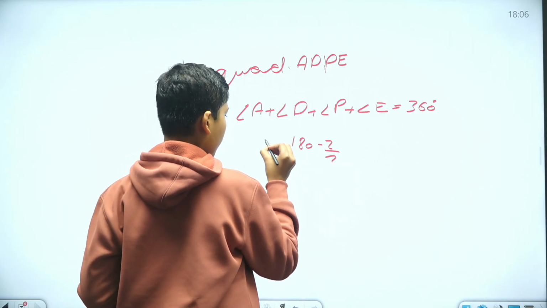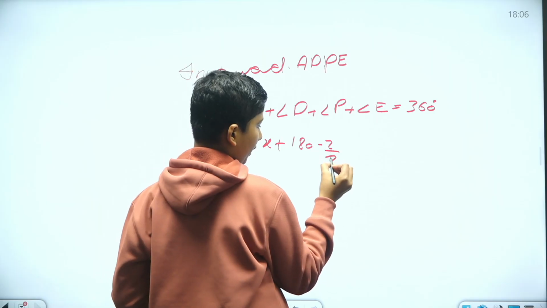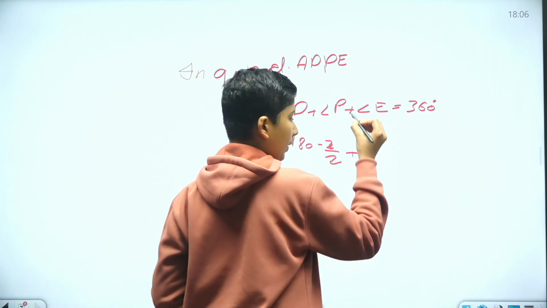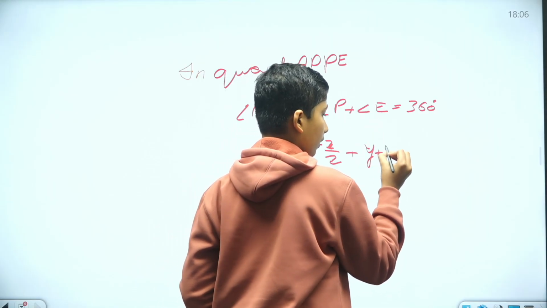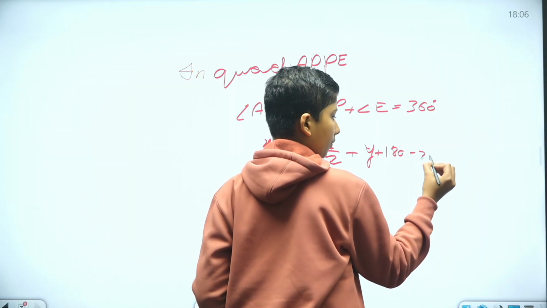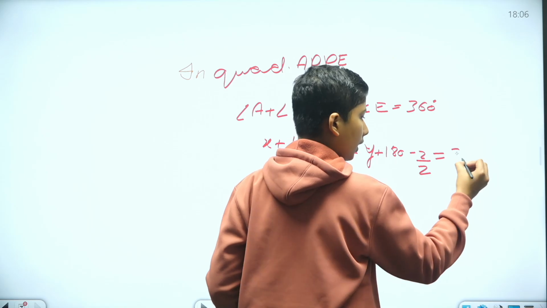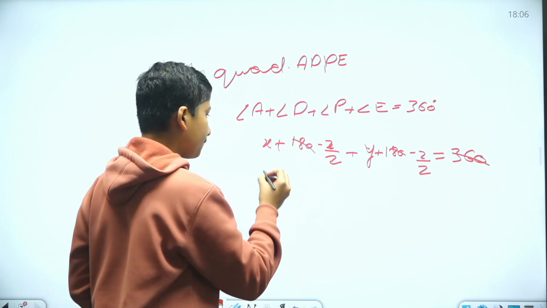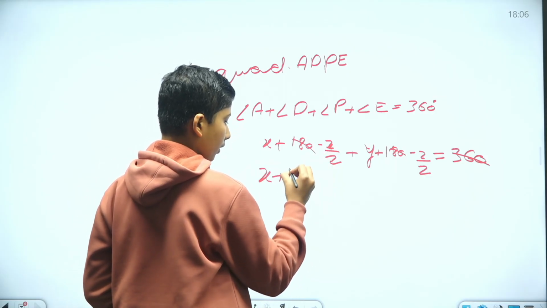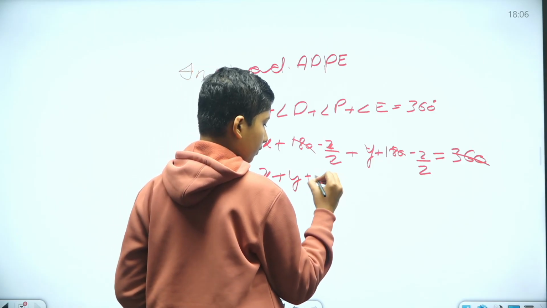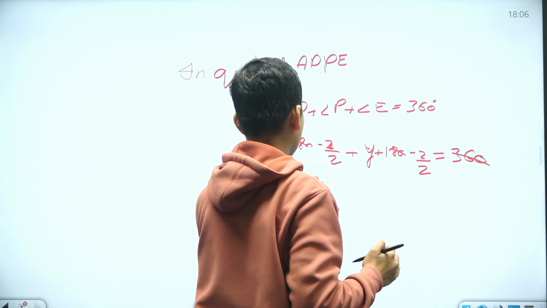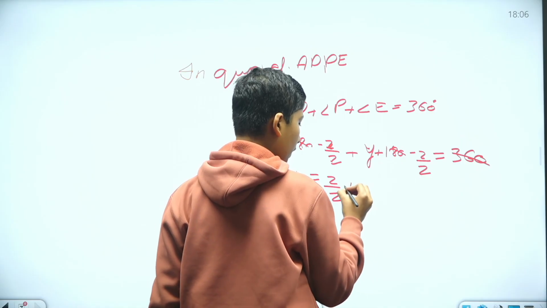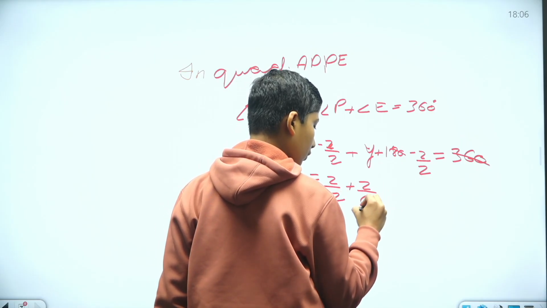x plus 180 minus z by 2 plus we know P, y plus 180 minus z by 2 equal to 360. Beautiful cutting. So x plus y equal to z by 2 plus z upon 2.